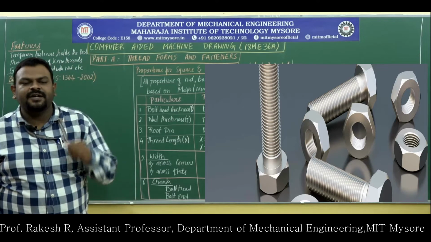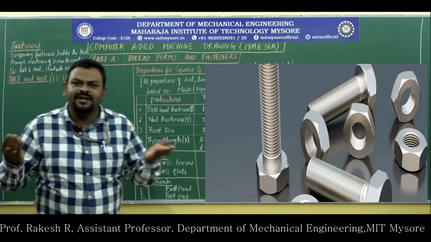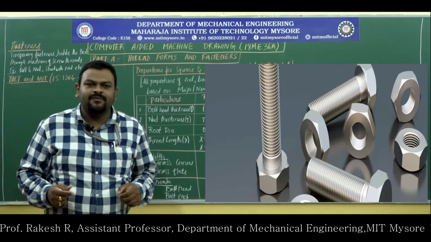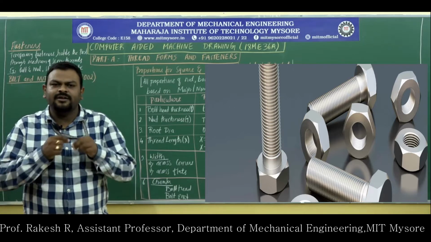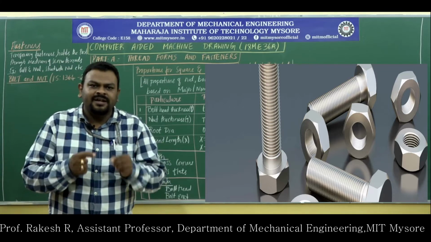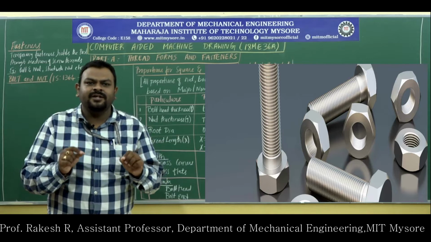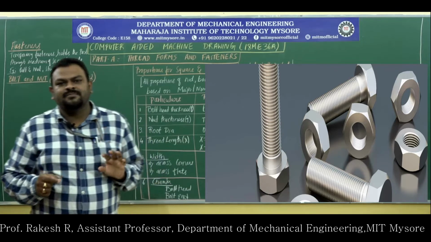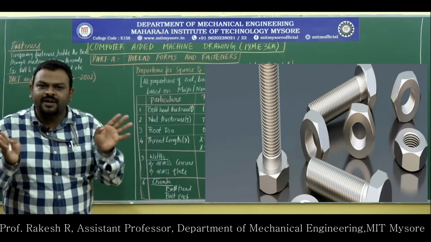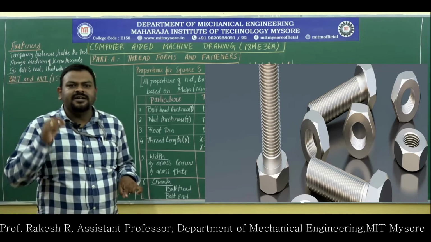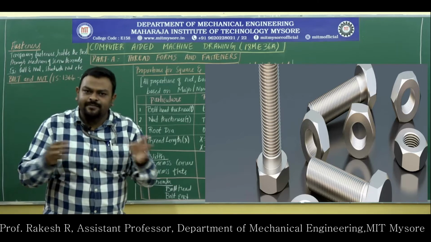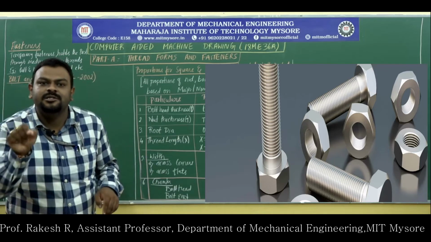The example for a temporary joint is bolt and nut. The example for a permanent joint is welding. Whenever you want to separate the two materials of a permanent joint, we need to distort or destroy the workpiece. Without distortion, we cannot remove the joint. Whereas a temporary joint can be removed without any distortion.